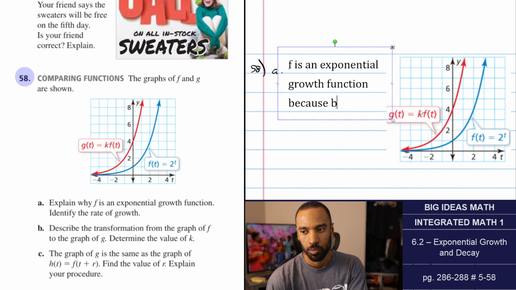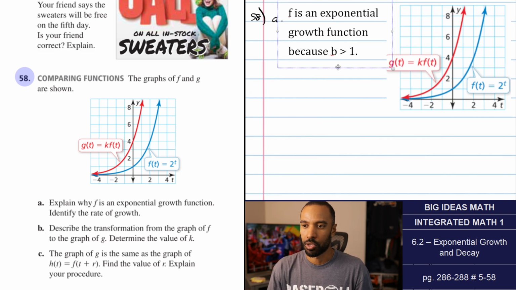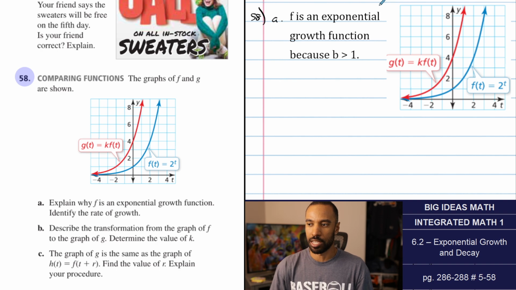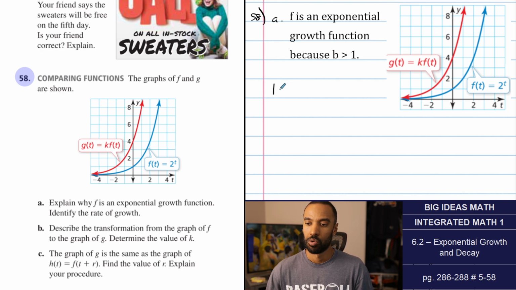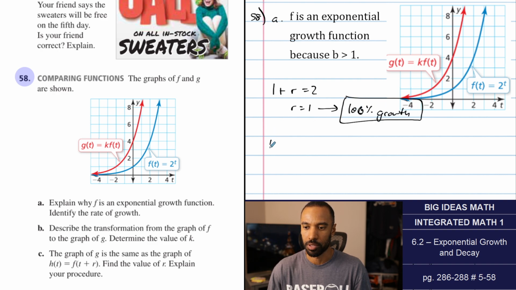It says identify the rate of growth. The rate of growth is that 1 plus r equals 2, therefore r equals 1, which is 100% growth. It's doubling. That's what 100% growth looks like.